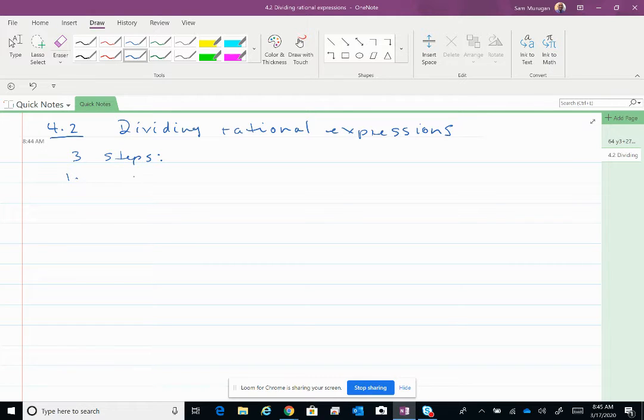First, use the KFC rule. Don't factor anything yet. Use the KFC rule. And that rule is keep the numerator, flip the denominator, and then change the sign to multiply.